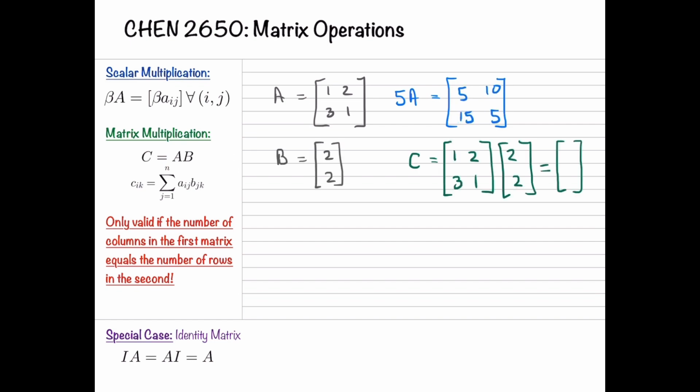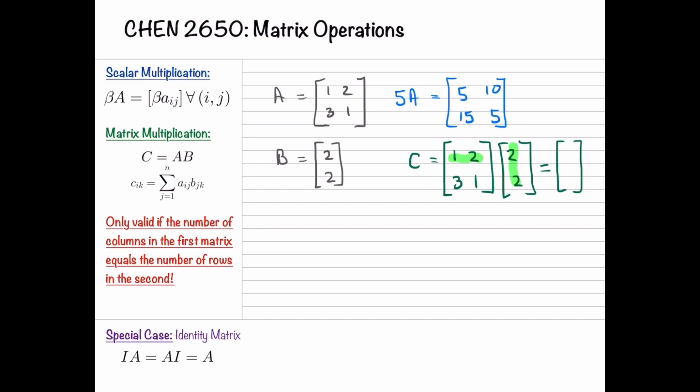B in this case is simply the value 2, 2. And so we could define this product C as A times B. So based off of moving along the first row in A and down the column in B, at each corresponding position, we will simply multiply those numbers, ultimately adding them together.